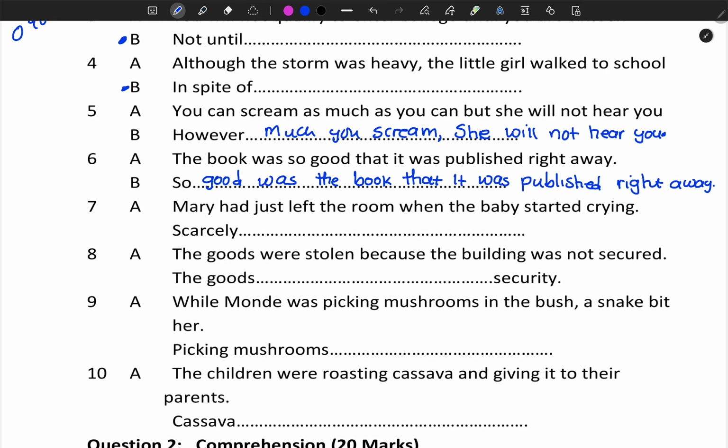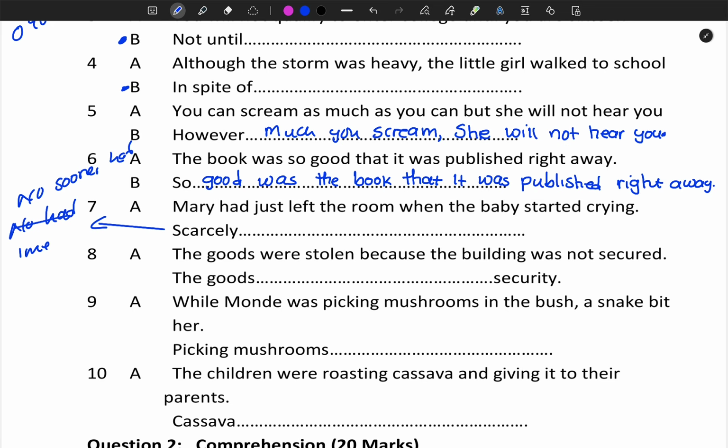Then we've got number 7. Mary had just left the room when the baby started crying. Whenever you see scarcely in such a manner, this should be treated the same as no sooner had, or immediately. So it's the same because we are told just after she left the room the baby started crying.